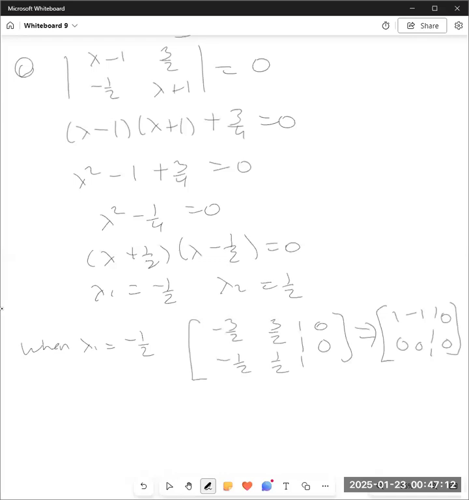Doesn't really matter, they'll both be t. And we have an eigenvector of 1, 1.